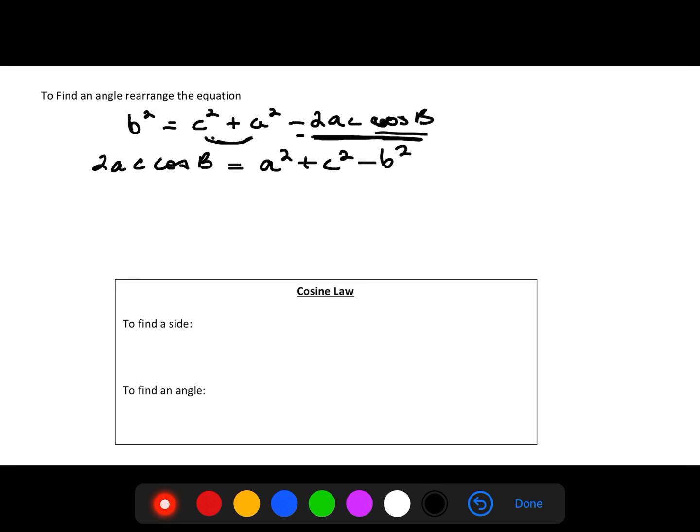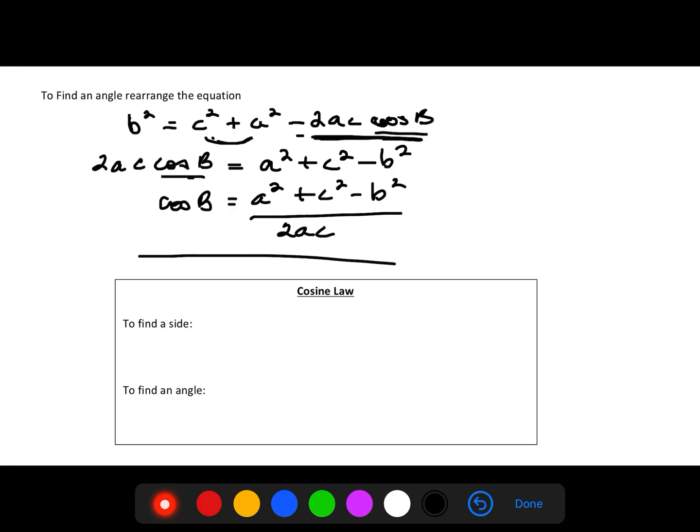At the same time, we're going to bring our b squared over, and just notice I just wrote these in reverse. And now if we want cos b all by itself, we're just going to take our a squared plus c squared minus b squared, and we're going to divide it all by 2ac. Again, this is how we would calculate an angle using cosine law.